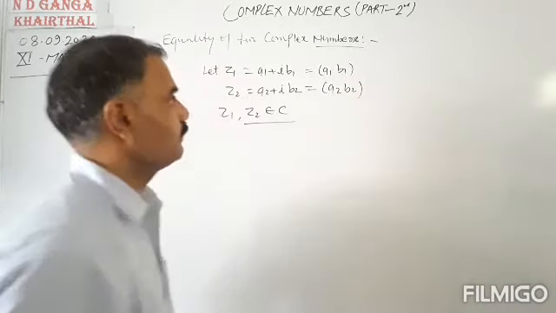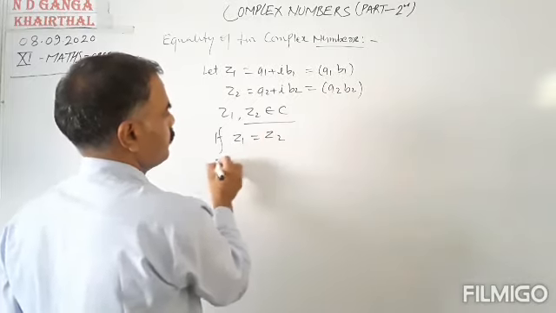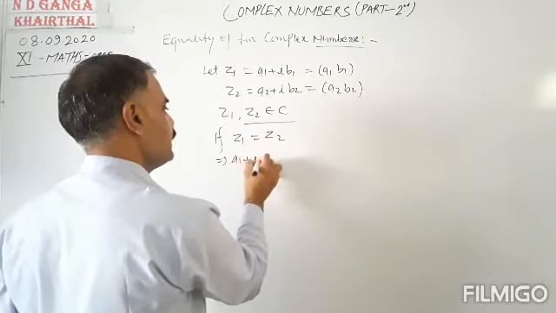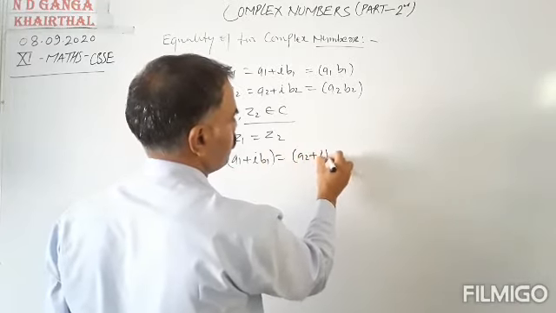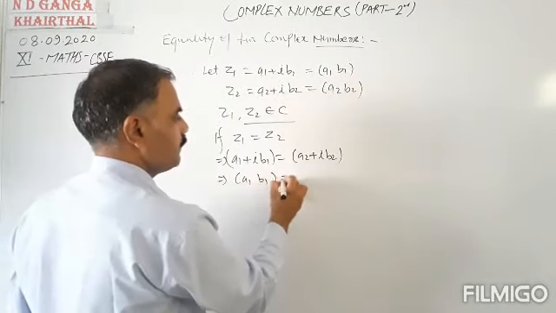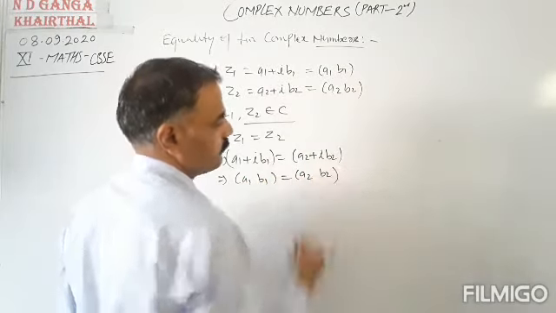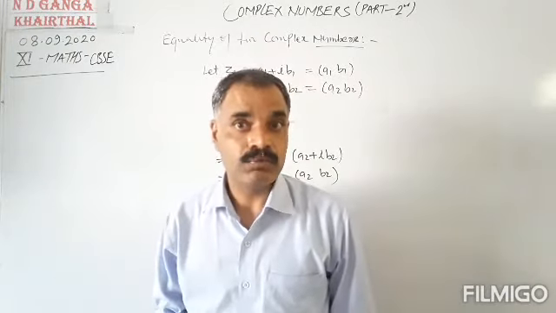Now if z1 equals z2, that is a1 plus iota b1 equals a2 plus iota b2, it means (a1, b1) equals (a2, b2). The ordered pairs are equal.